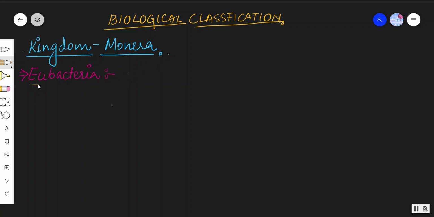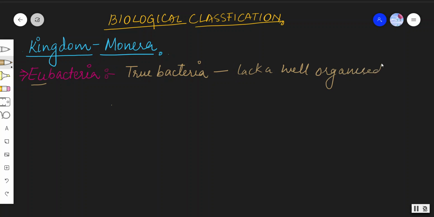Eu means what? Eu is true and bacteria is the organism. Okay, so Eubacteria are the true bacteria. Clear? And they lack a well organized nucleus, as well as they don't have well organized membrane bound organelles like we have.